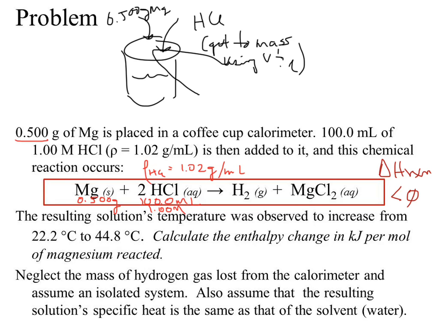T sub I is equal to 22.2 degrees Celsius, and the final temperature after the reaction occurred is 44.8 degrees Celsius. From this we can get delta T, and I'll call that delta T of SOL, delta T of the solution.